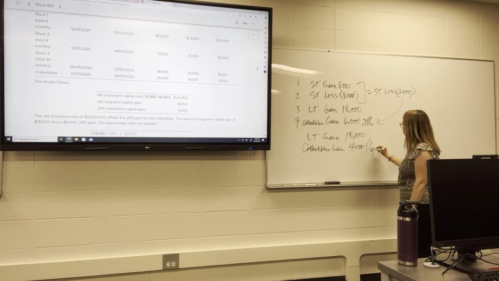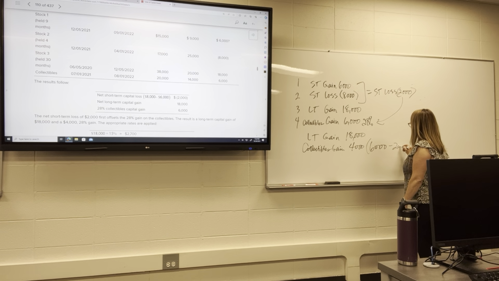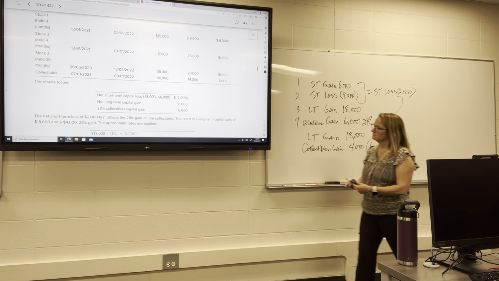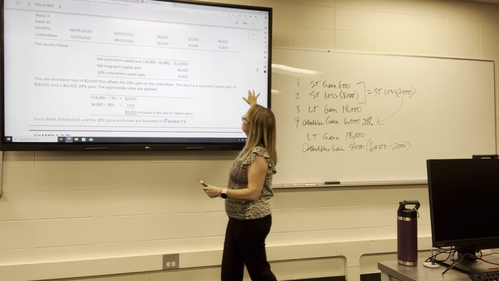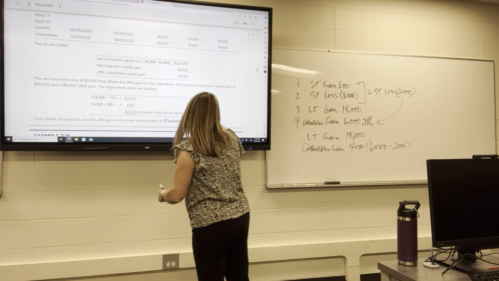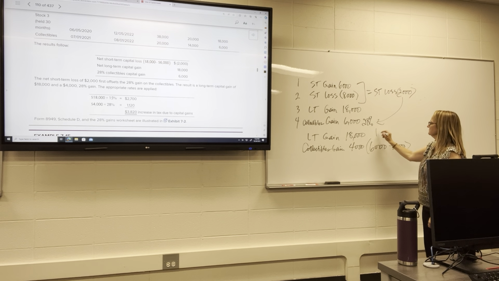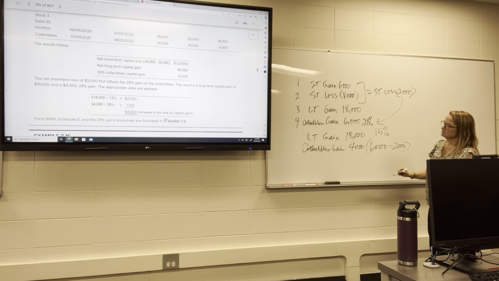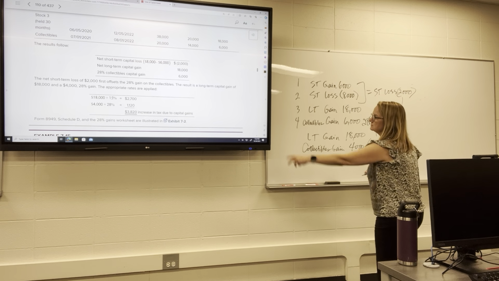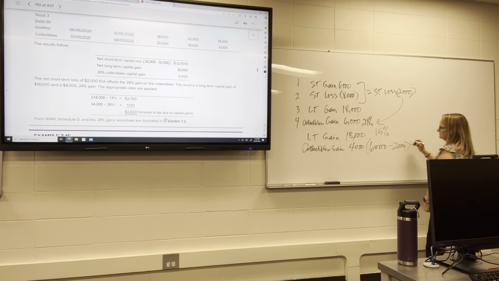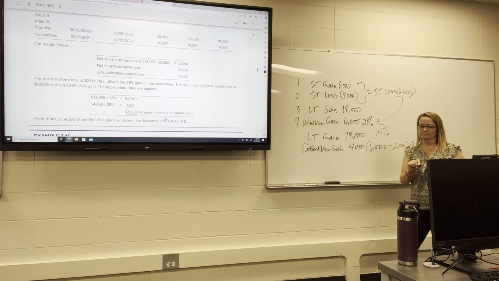So that's the 6,000 minus 2,000. That 18,000 long-term, because of their other income, is gonna be taxed at 15%. The collectibles is gonna be taxed at 28%.